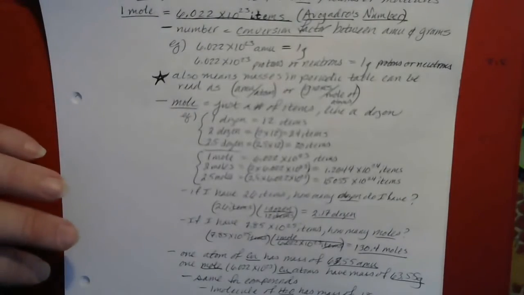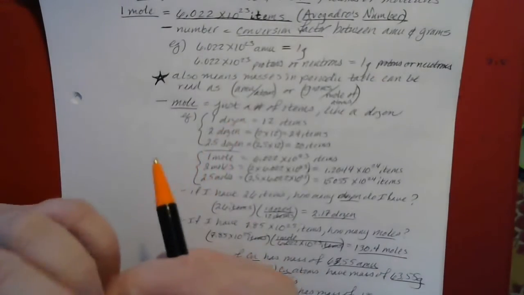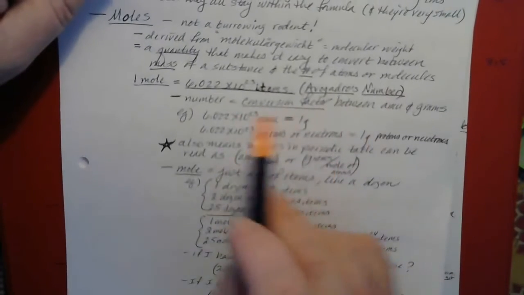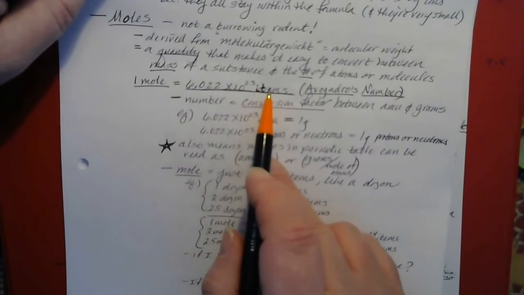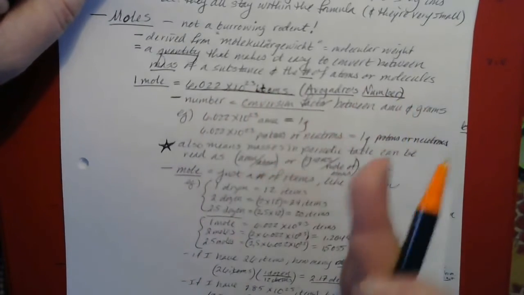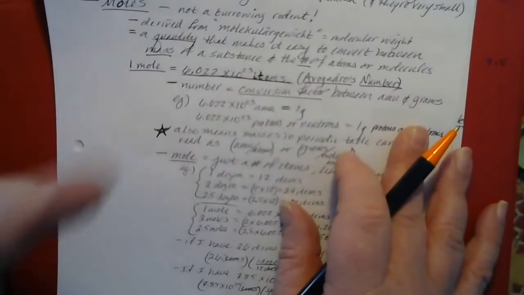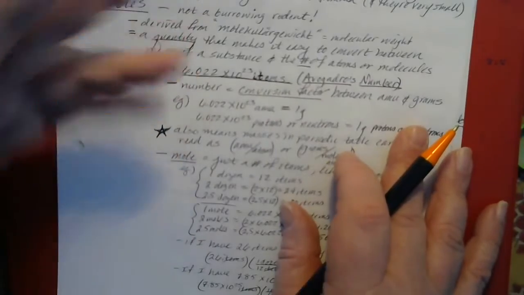But it also means that if you have 63.55 grams of copper, then you have 1 mole of copper, which is 6.022 times 10 to the 23rd atoms. So that can actually be quite convenient to be able to tell how many atoms you have, or molecules if it's a compound, just based on what the mass is and looking at the masses in the periodic table.